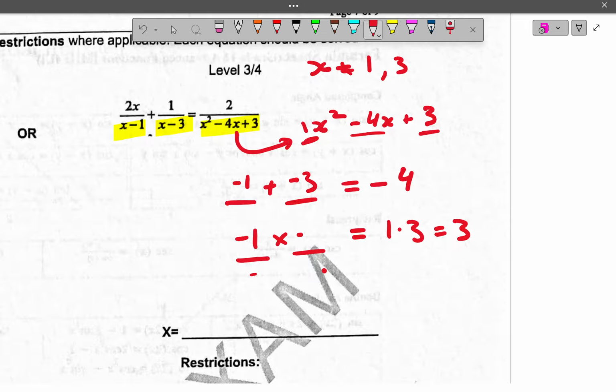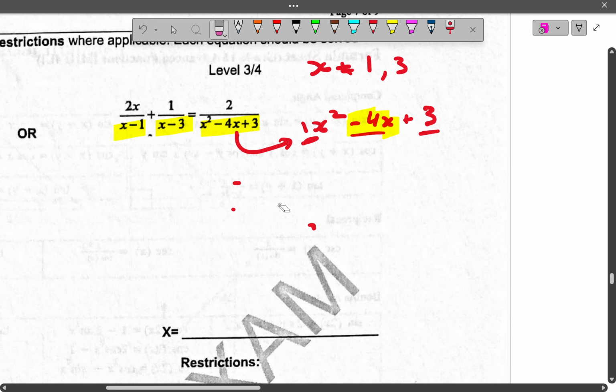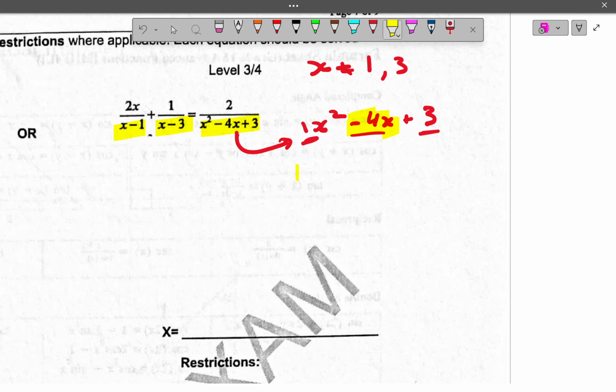Negative 1 times negative 3 will also give me positive 3 here, and these two add up to negative 4. So once you figure out what that is, we're going to split this middle term, the negative 4, into whatever we have here. So we're going to say x squared minus, instead of minus 4x, we can make this into minus 1x minus 3x plus 3.